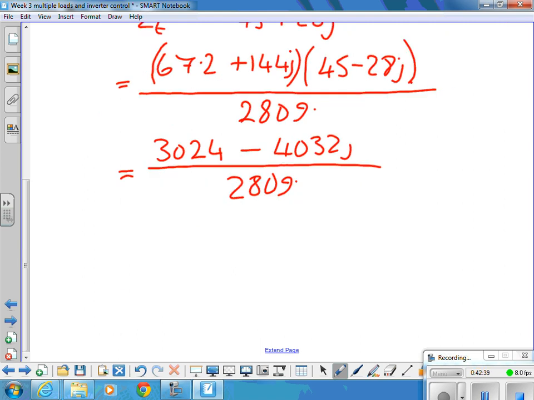And the result of that is 1.08, 44J amps. Just in case we need it later in polar form, let's have that in polar form as well.